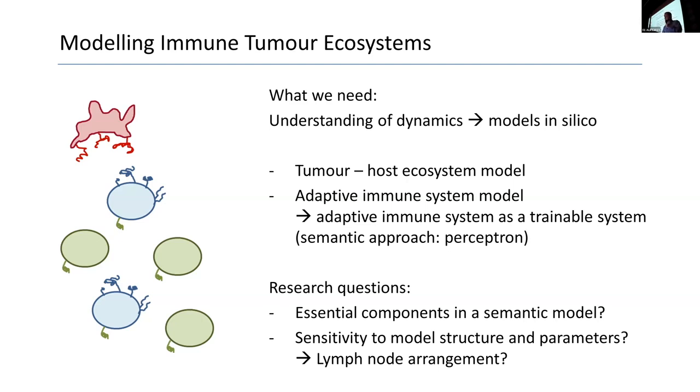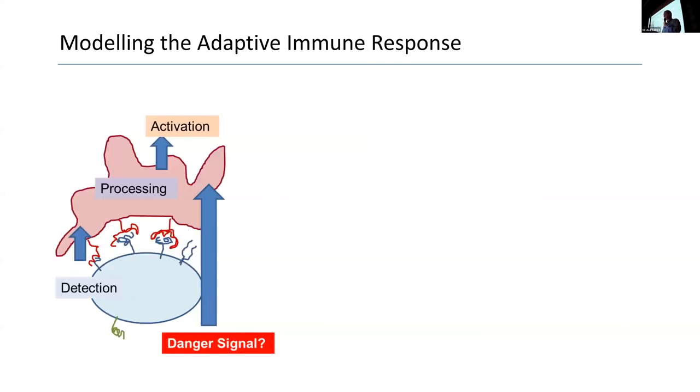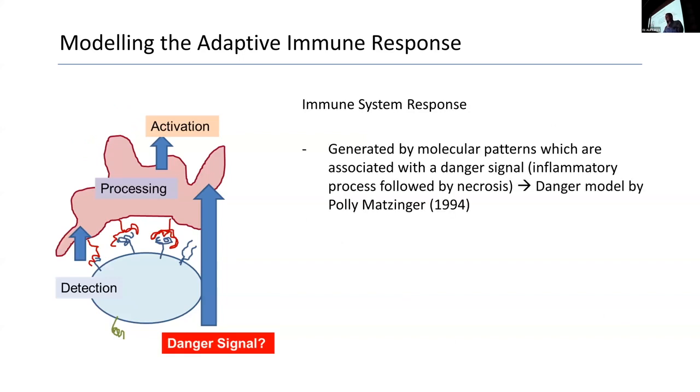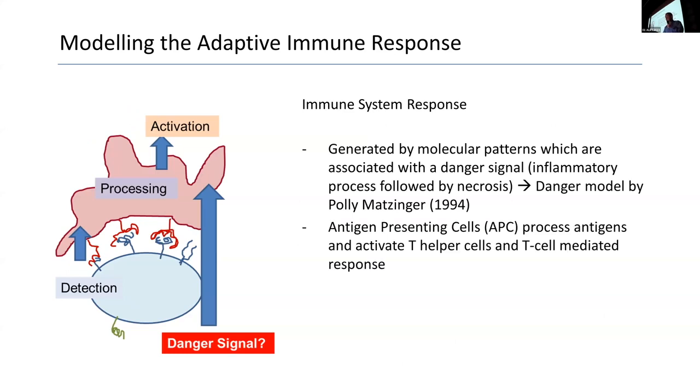And looking to the model structure, the lymph node arrangement or the lymph network topology is an interesting aspect. Looking to the immune response, in principle, what we need is danger-associated patterns. So we have molecular patterns on the cell surface, and we must have a danger signal. So we are following here the danger hypothesis from Polly Matzinger.